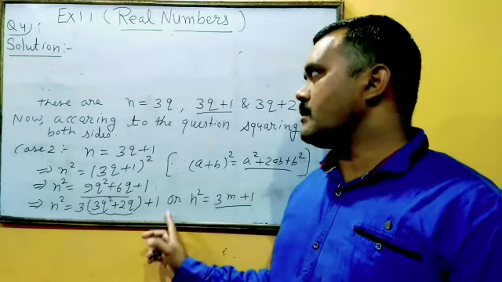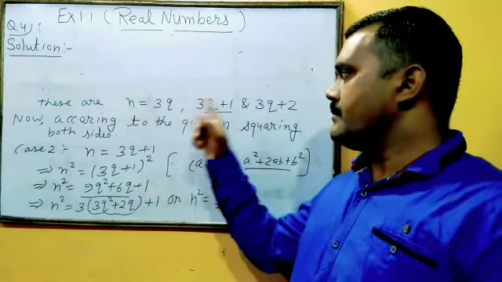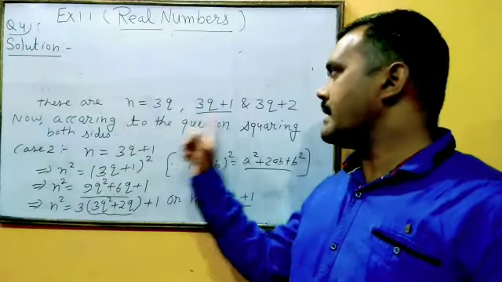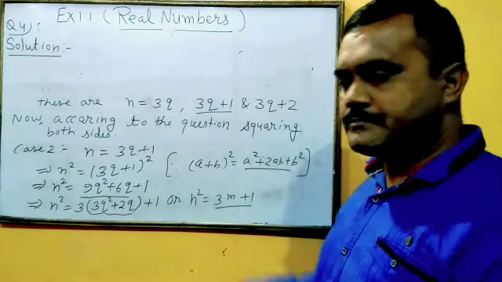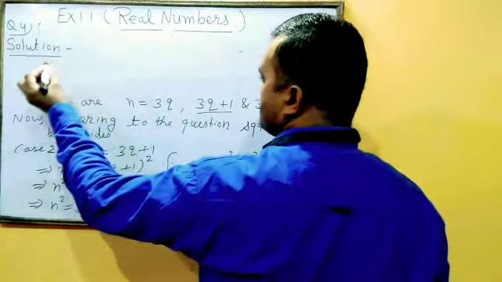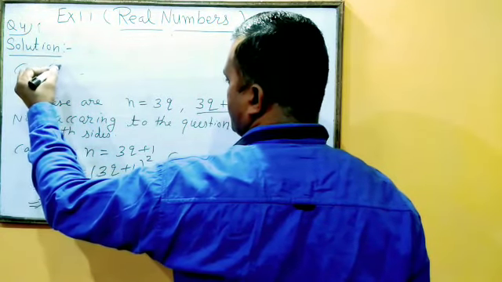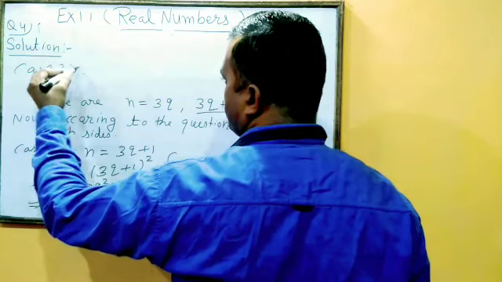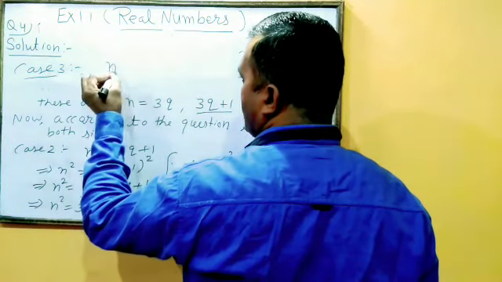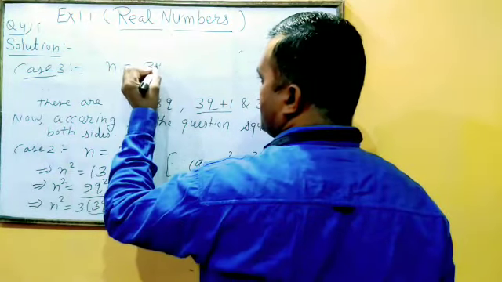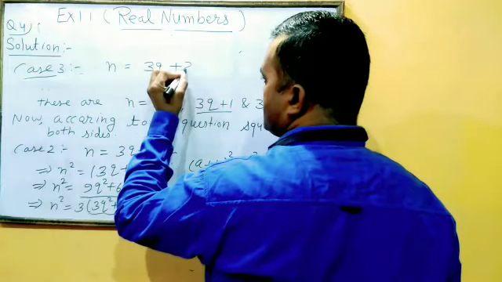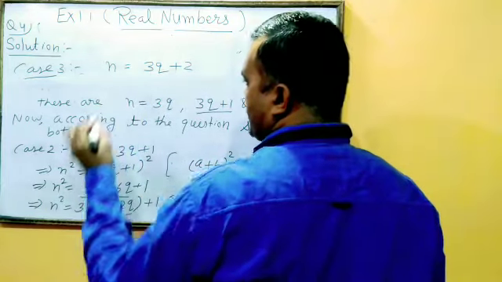After this we are going to discuss case 3. We have discussed the second case. Now we'll discuss case 3. Case 3: n is equal to 3q plus 2. Again we need to square.